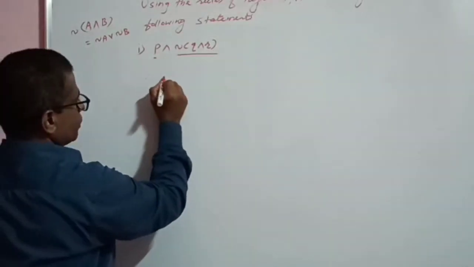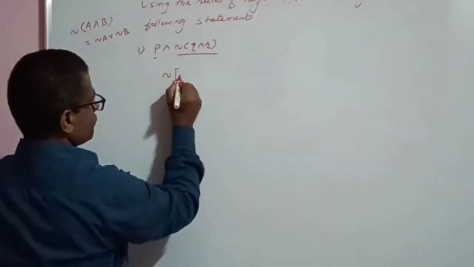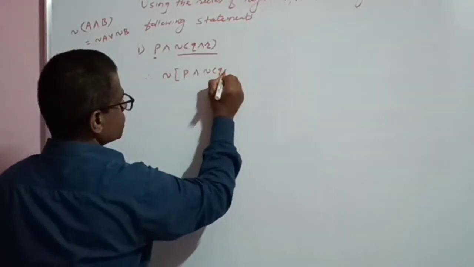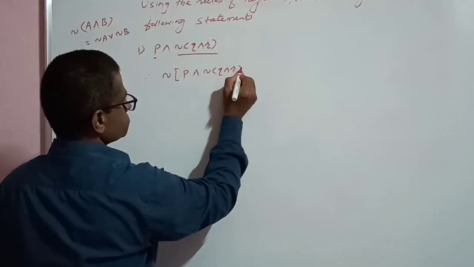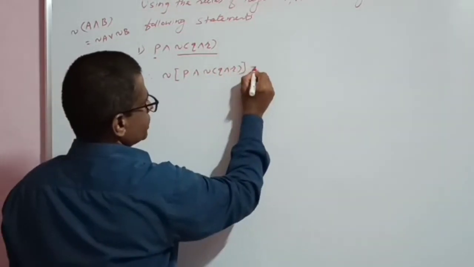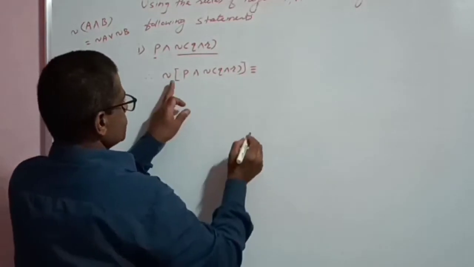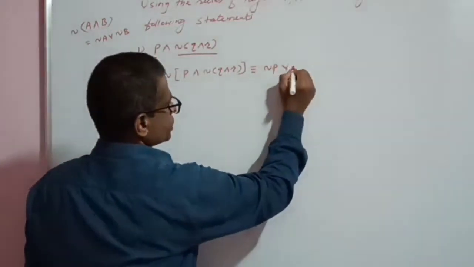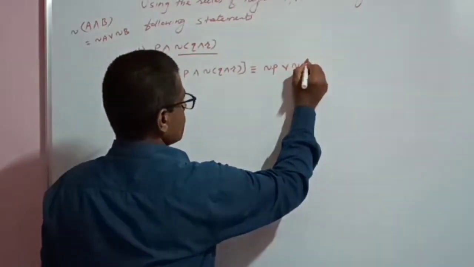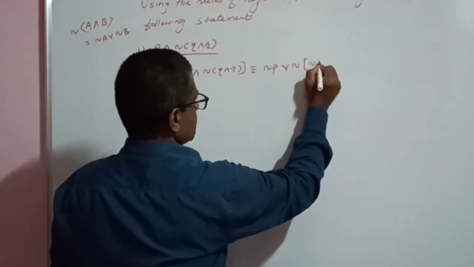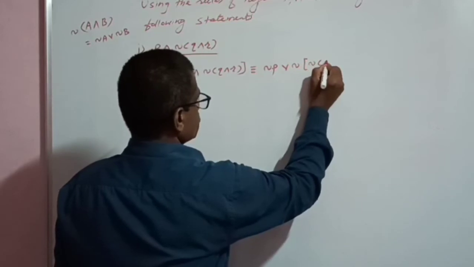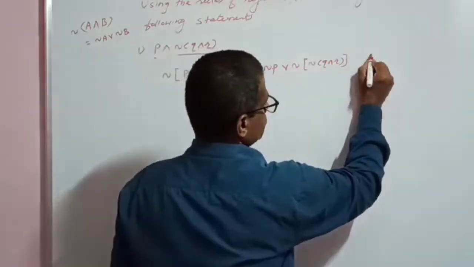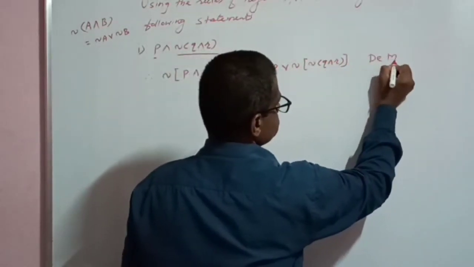So therefore negation of P conjunction negation of Q conjunction R is equal to negation of P disjunction negation of negation of Q conjunction R. So De Morgan's law.